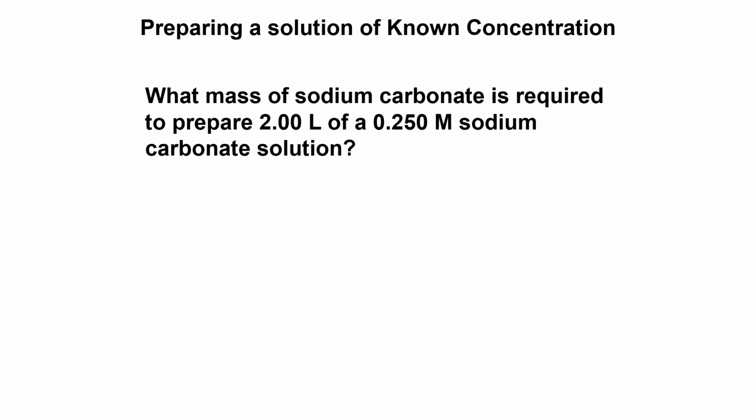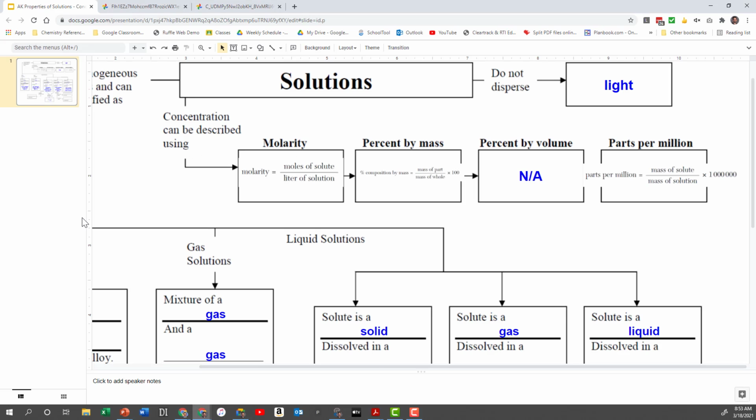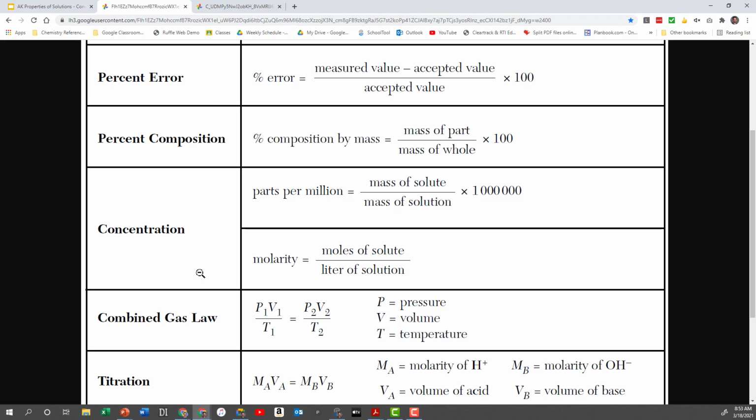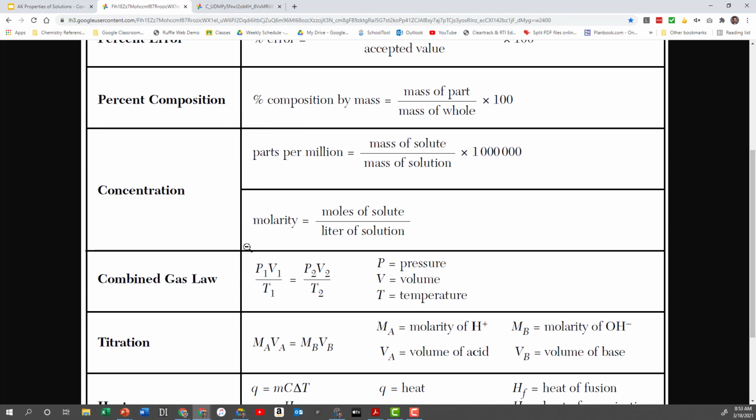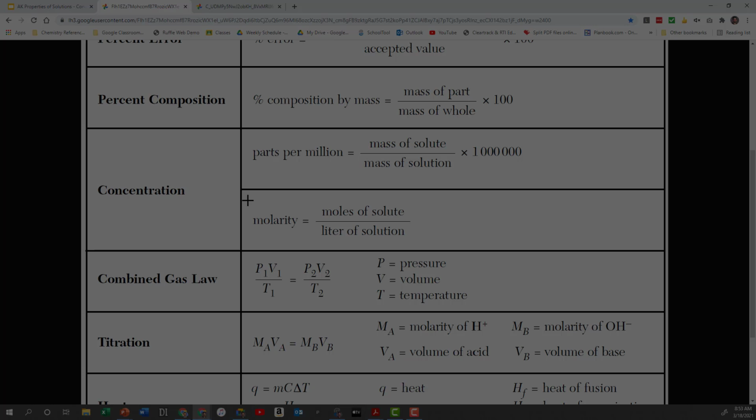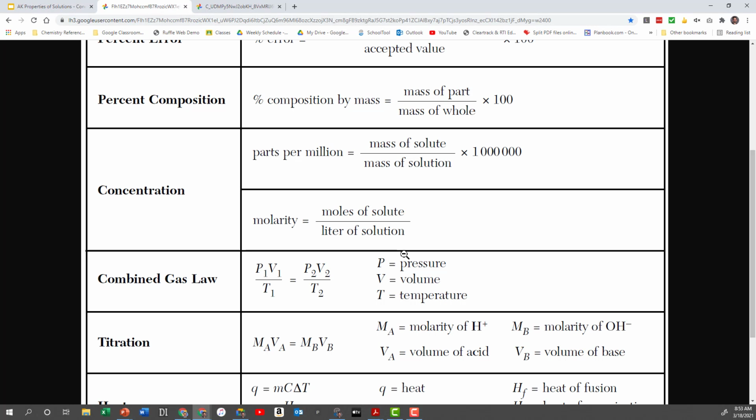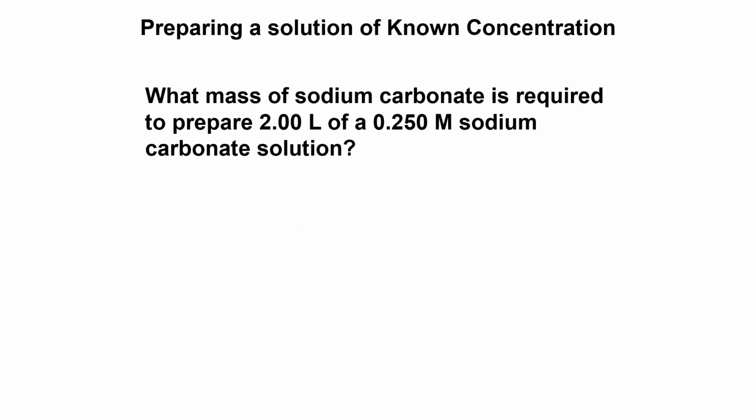We're going to use that equation that we had before, the molar concentration equation. So let's take a look at the concentration, the very common one that we use in chemistry. All right, so let's use this one and find out how much mass.